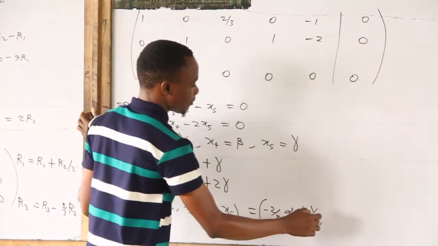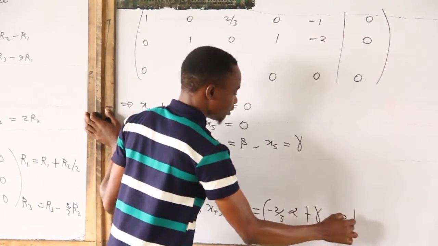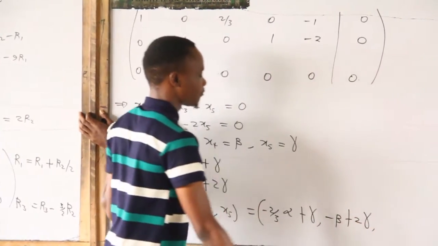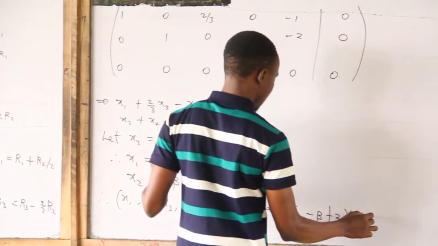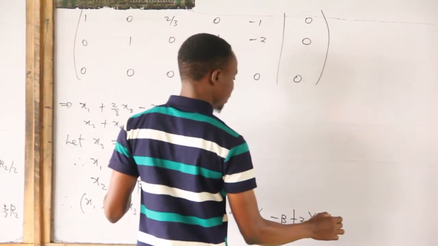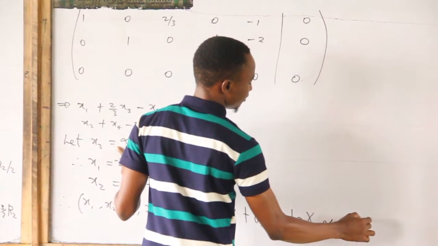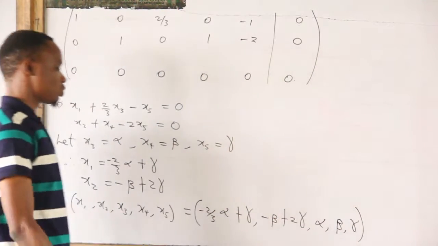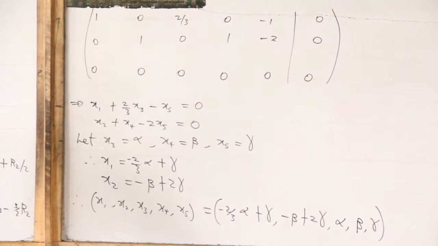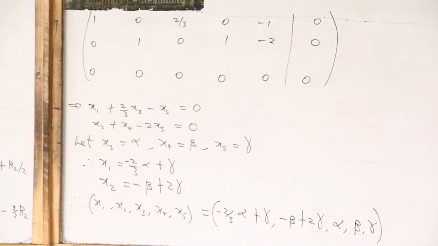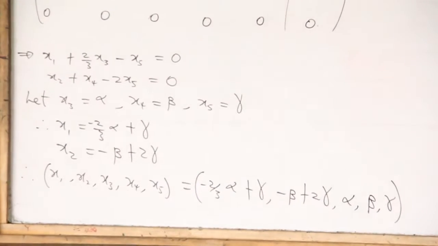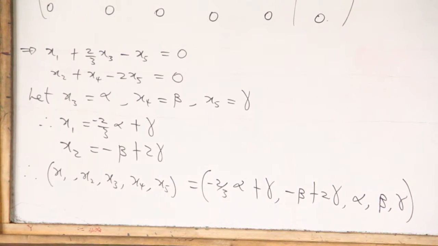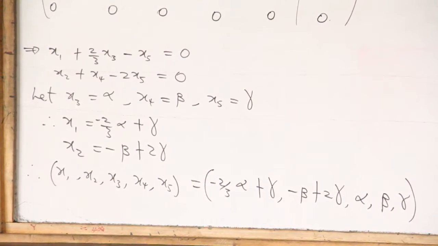And x2 is what? Minus beta plus 2 gamma. x3 is alpha, x4 is beta, x5 is gamma. So if we write them all out separately in terms of alpha, beta, and gamma, we will obtain this as well.